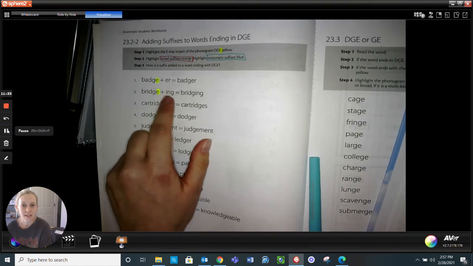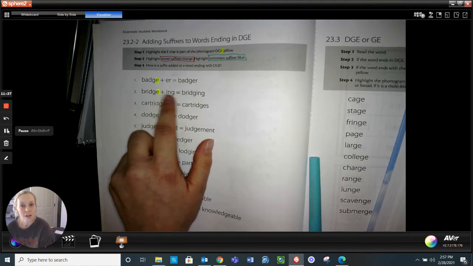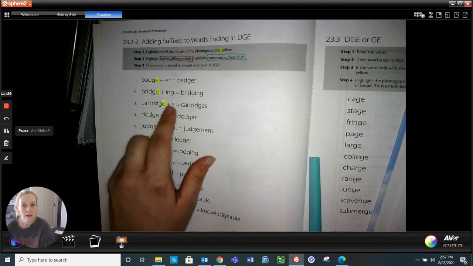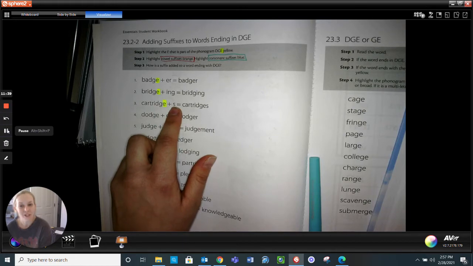As you can see here, ing also has a vowel in it, so that is also a vowel suffix. Here we have S. There are no vowels here, so that one is just blue. That is a consonant suffix. It's just the letter S, which we know is a consonant.